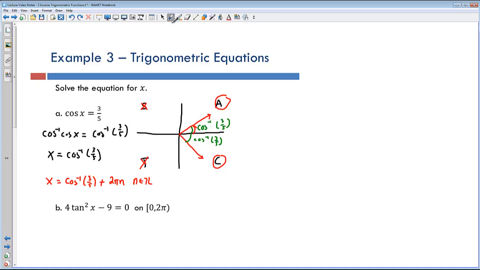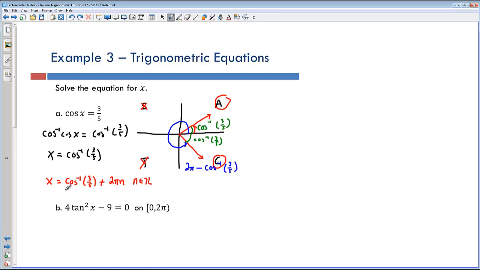And then there's a second answer, or a second set of answers really, where you start here and you wrap all the way around to this angle right there. Now remember, to find this angle, the way you do it is you pretend like you wrap all the way around and you go back this angle. So this would be like 2 pi, and this would be then minus cosine inverse of 3/5.